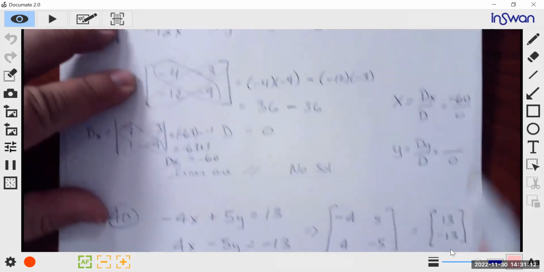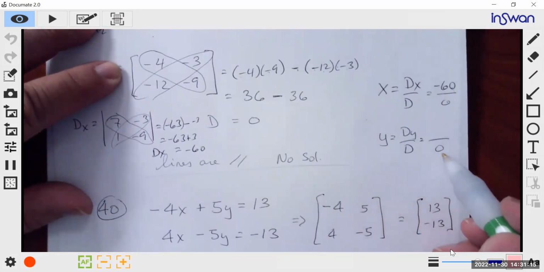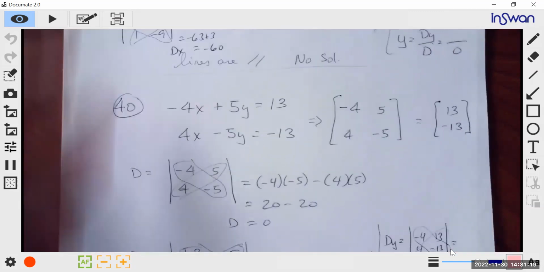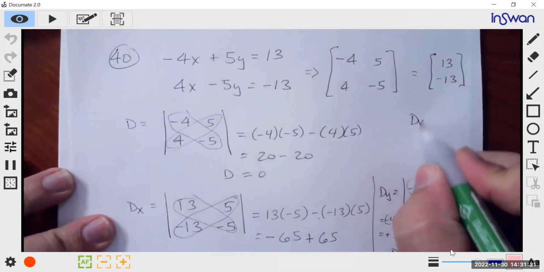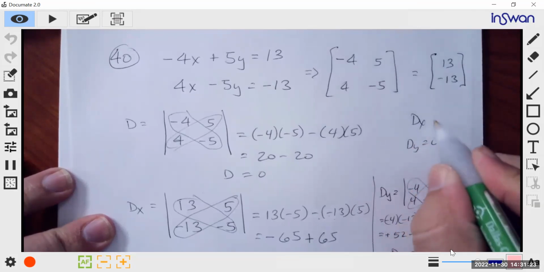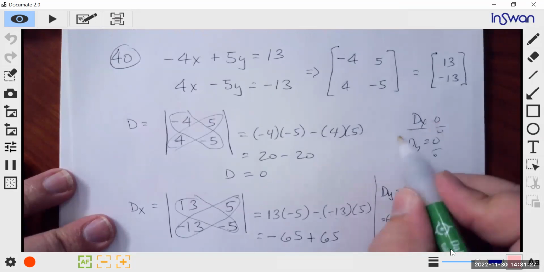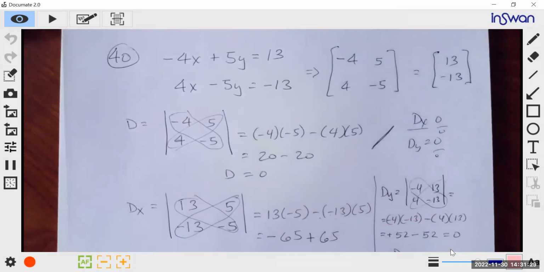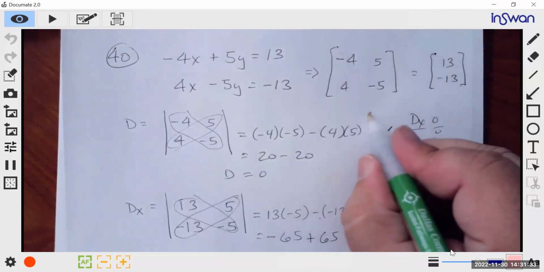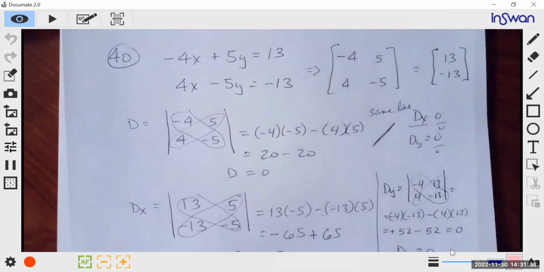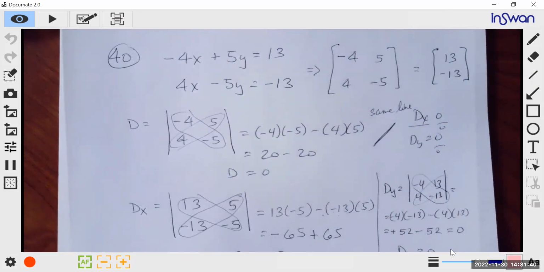Because this top one wasn't 0 over 0, that's why these are parallel. Dx and dy are both 0, so we have 0 over 0, which means they're the same line. So you have infinite solutions. Everything's a solution since everything's 0.